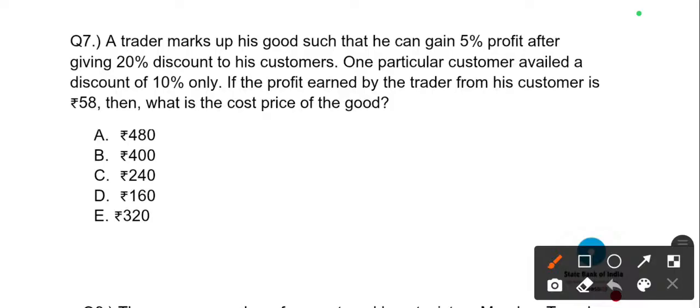A trader marks up his goods such that he can gain 5% profit after giving 20% discount to his customers.